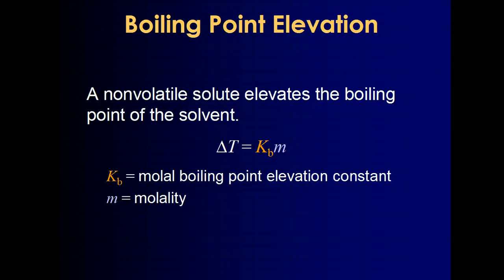So the boiling point elevation formula is going to look very similar to the freezing point depression. When you have a solute that has dissolved, it can cause the boiling point to rise because it's going to take longer for the vapor pressure of the solvent to reach the vapor pressure of the atmosphere, and that's when it would truly boil.